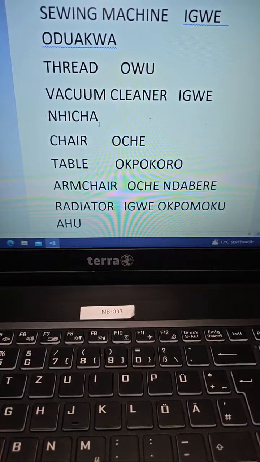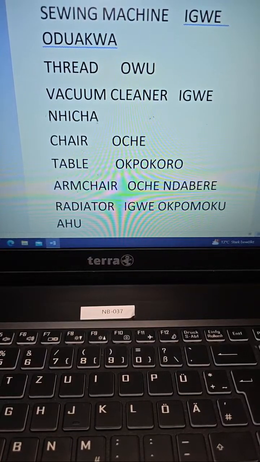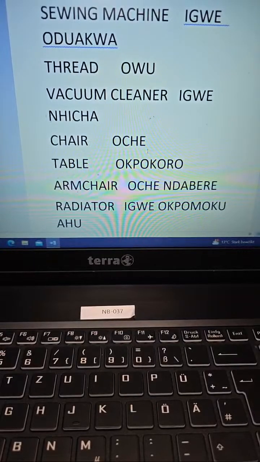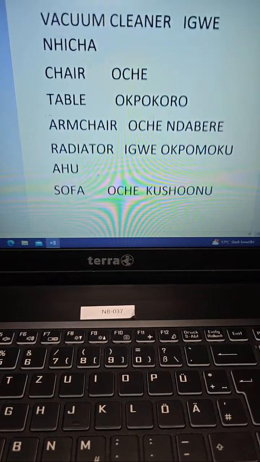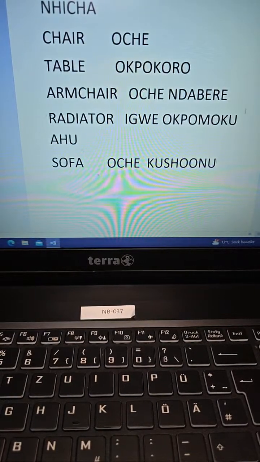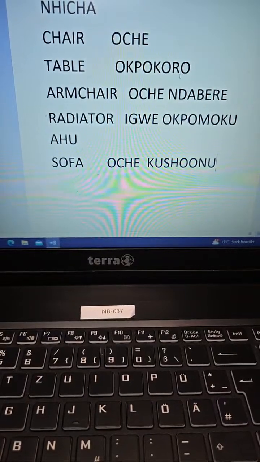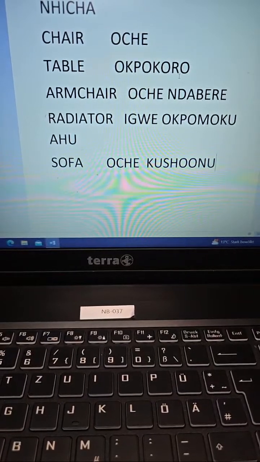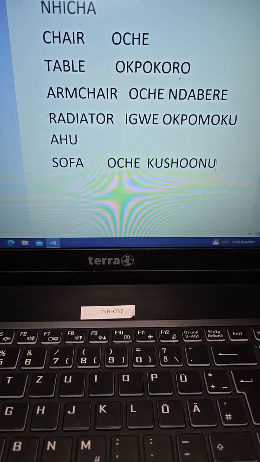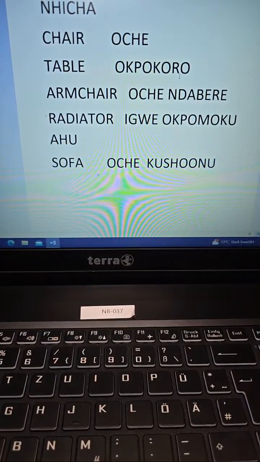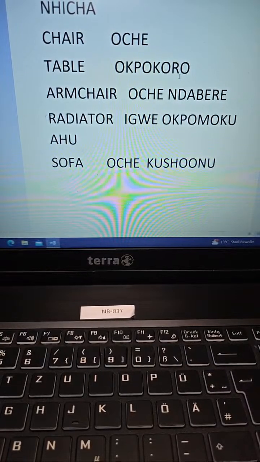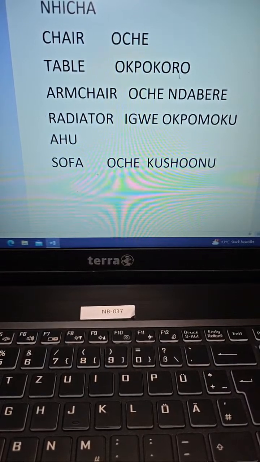Igwe nhicha. Chair, oche. Table, okpokoro, or some people call it table. You know, some Igbo pronunciations are derived from their English words.